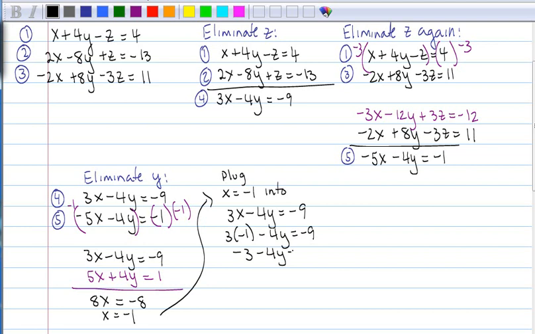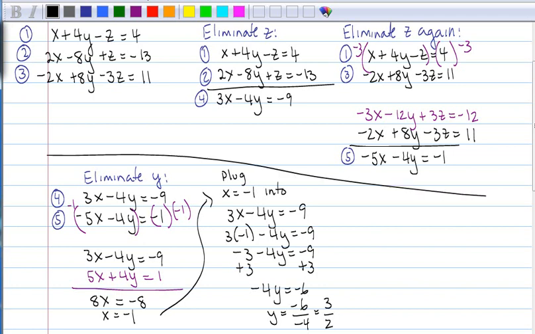Rewrite everything. Add 3 to both sides. You get negative 4y equals negative 6, or y equals, divide both sides by negative 4, negative 6 over negative 4, which reduces to 3 over 2, or 1.5.